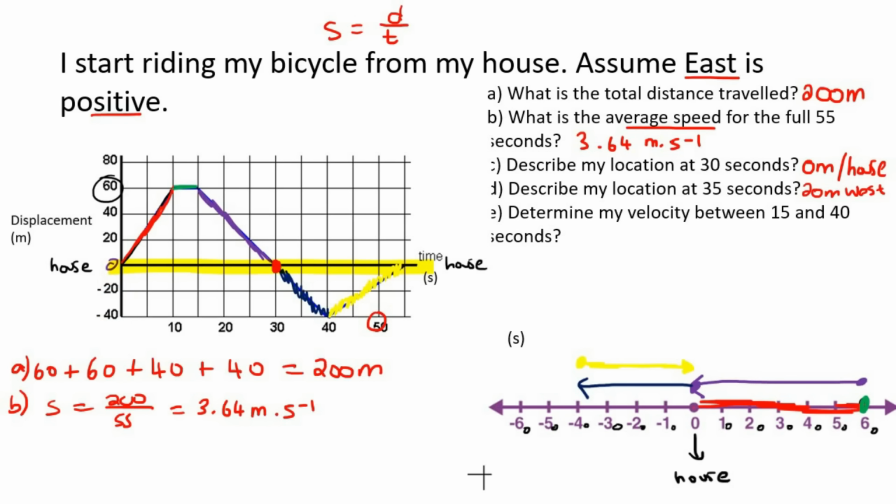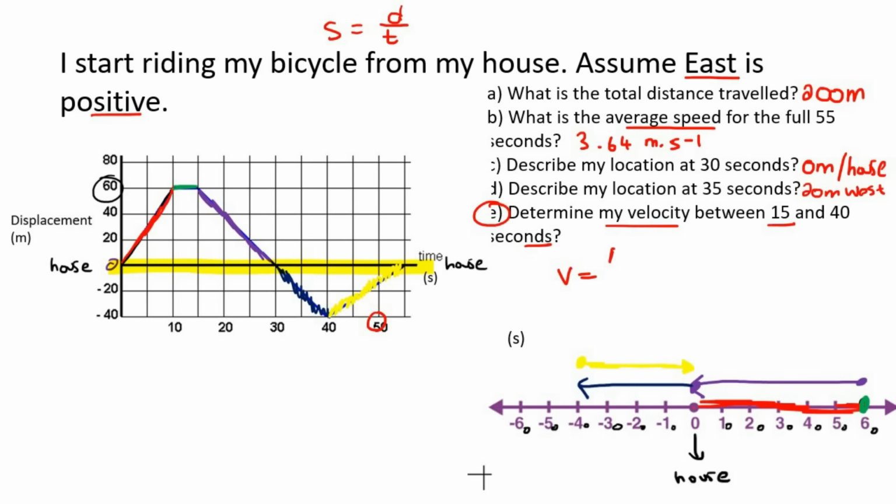And then this question, determine my velocity between 15 and 40 seconds. Okay, so we know that velocity is equal to change in displacement over change in time, which is the final displacement minus the initial displacement over the final time minus the initial time.